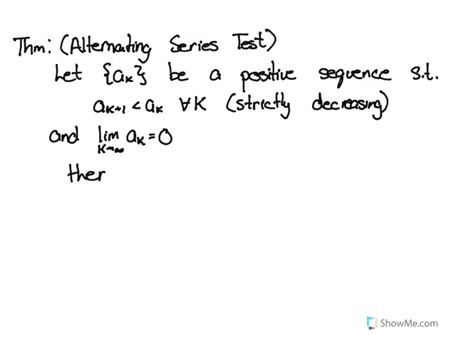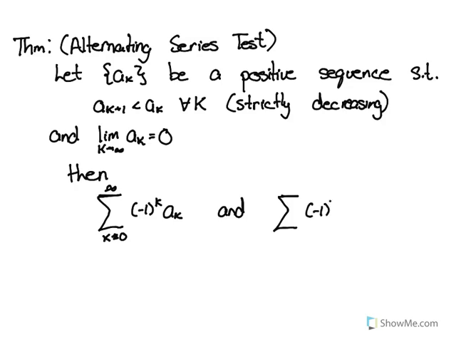So then the alternating series given by the sum of (-1)^k a_k, or in the case where we start the first term as positive, (-1)^{k+1} a_k, k equals 1 to infinity.